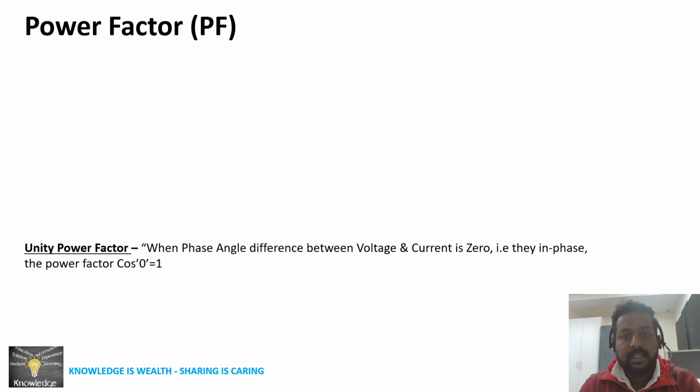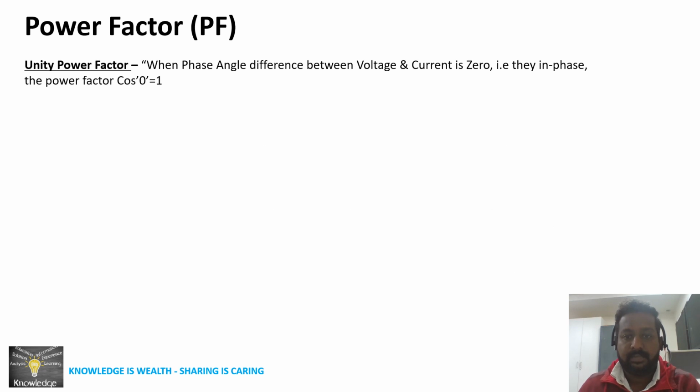Unity power factor. When the phase angle difference between voltage and current is zero, that is when they are in phase, in line, then the power factor is unity, because there is no phase angle difference. So phi is 0, cos 0 is 1. Let us quickly see the phasor diagram.